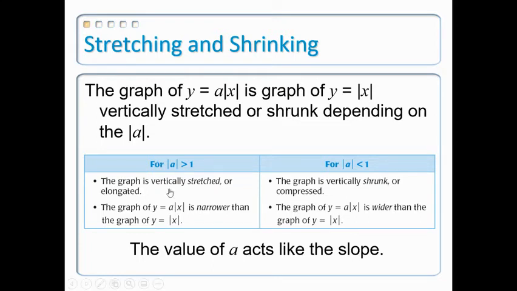So if a is greater than 1, then your shape is narrower. In other words, the graph is vertically stretched or elongated. If, however, you're talking about a less than 1, where you're talking a fraction, then that is vertically shrunk, or the graph becomes wider.